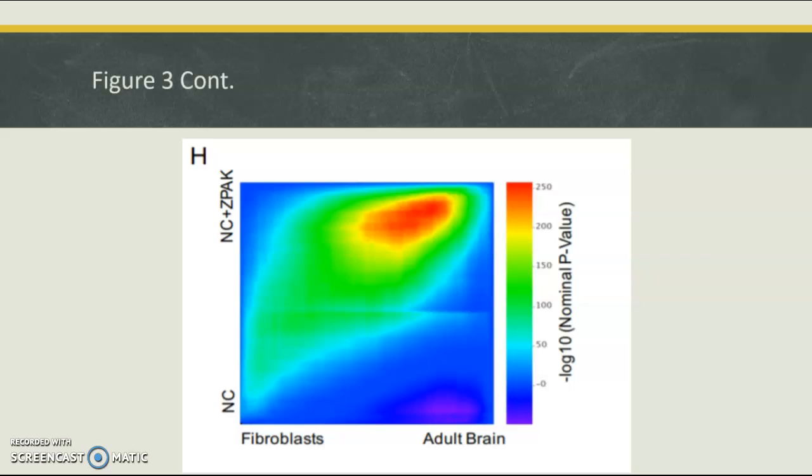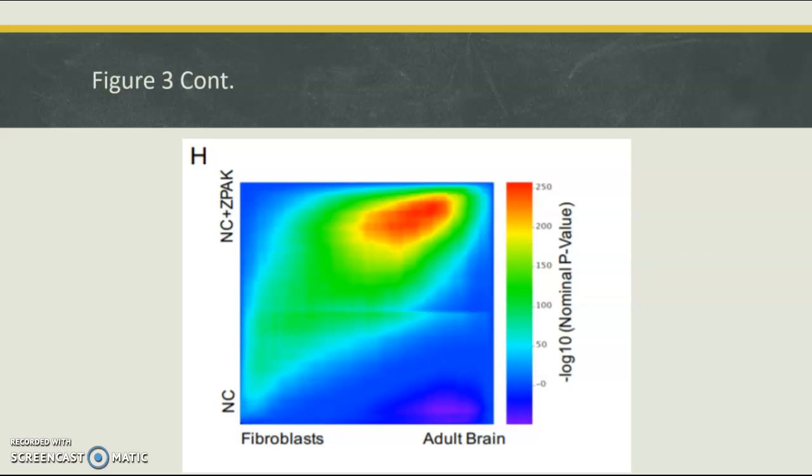To give you a rundown on what the map tells us, each pixel represents an overlap between the two conditions to fibroblast or adult brain transcription, color-coded according to the negative log value. On the map, the extent of shared genes upregulated in NC plus Z-Pak cocktail and the adult brain is displayed in the top right-hand corner, whereas the shared genes upregulated in the NC, medium alone, and fibroblasts are displayed in the bottom left-hand corner.